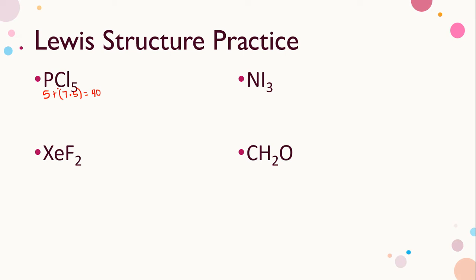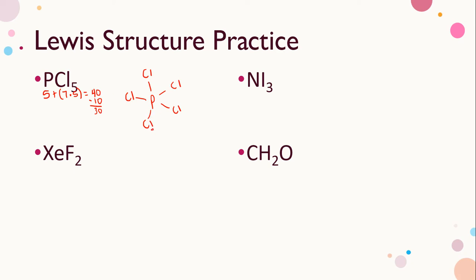We don't have carbon here, so typically the first one listed is in the middle, which is going to be my phosphorus, followed by 5 chlorine. Right here I've made 2, 4, 6, 8, 10 bonds, and that's okay. This has an expanded octet. And then what we need to do is complete the outside first. So chlorine needs to have 8 total.